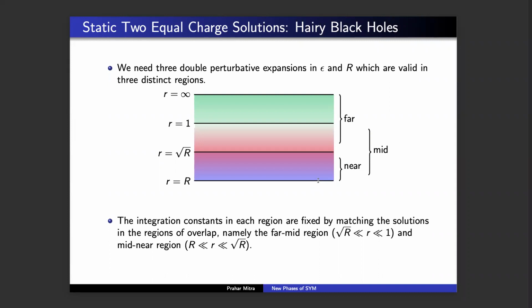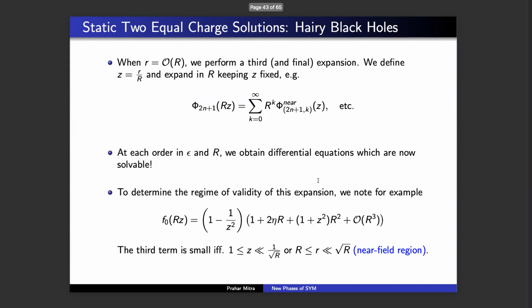If I go closer and closer to extremality, this is why you can't apply this to supersymmetric black holes. You need more and more regions, because as you go closer to extremality, you have an infinite size throat. What happens, which I didn't show here, is that when you perform the perturbative expansion, you get terms that look like log of gamma times R, where gamma is the deviation from extremality.